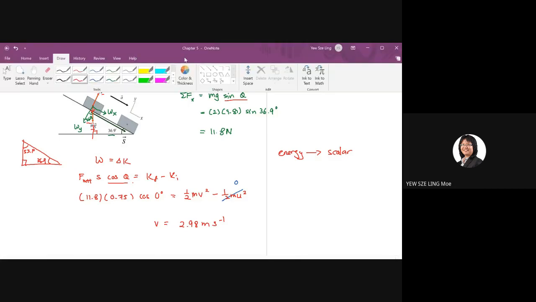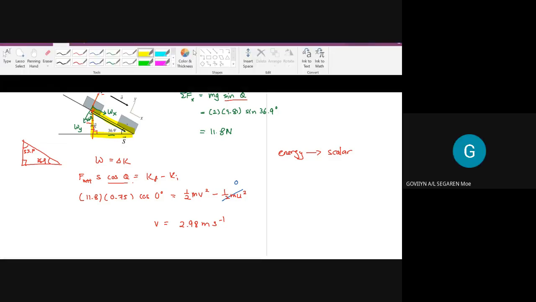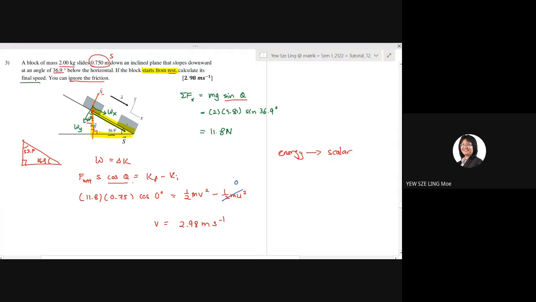Because if you look at this diagram, your weight, the inclined surface, and the horizontal plane form a right angle triangle here. That's when you subtract from 90. One triangle has a total of 180 degrees inside, so you subtract 90 and then another 36.9, which gives you 53.1. 53.1 is the angle beside the x component.